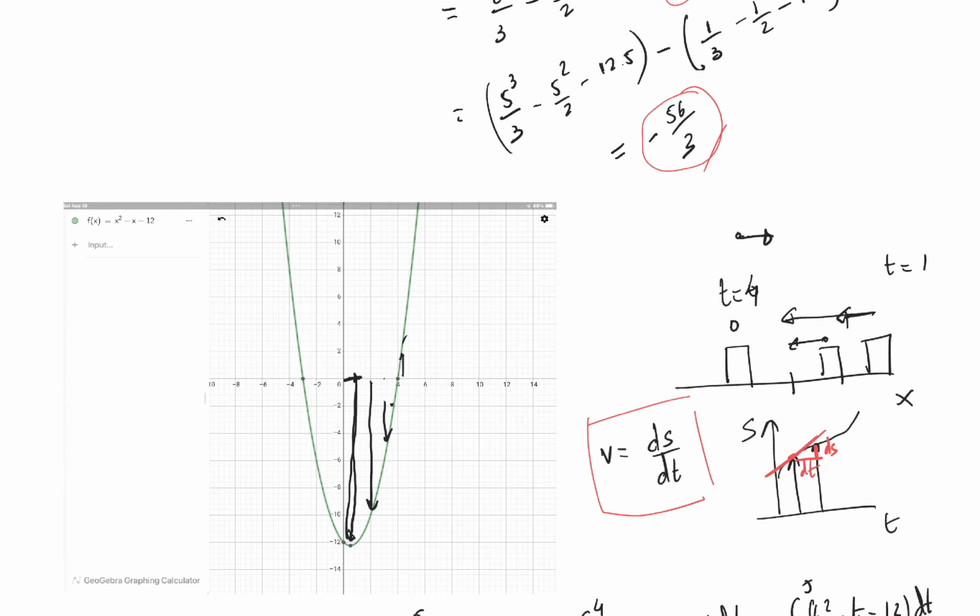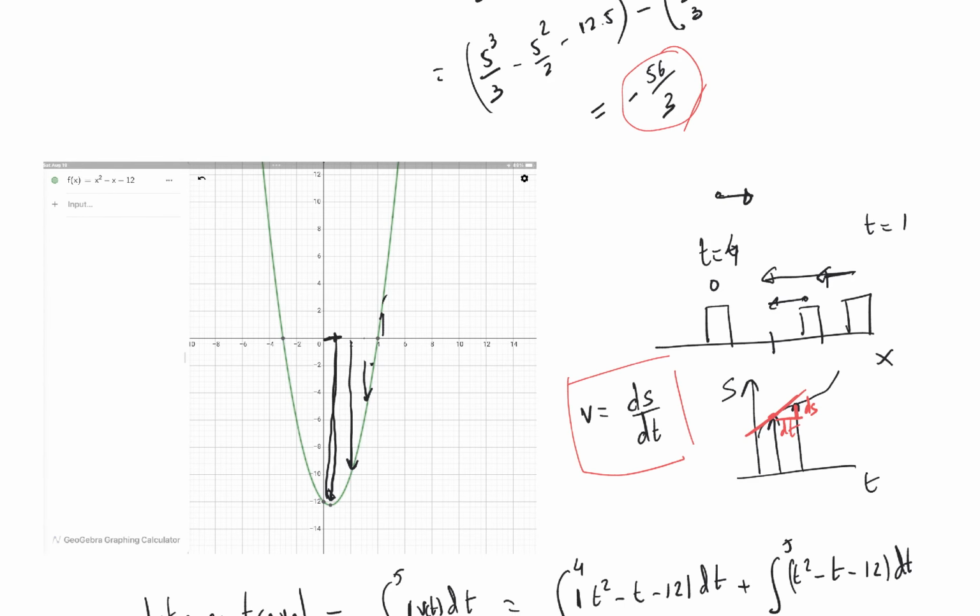The area below the curve between t equal 1, which is here, and t equal 5, which is more or less here, is negative because there is more area below the axis than above, let's say, at t equal 5. The area is negative because there is more area below.